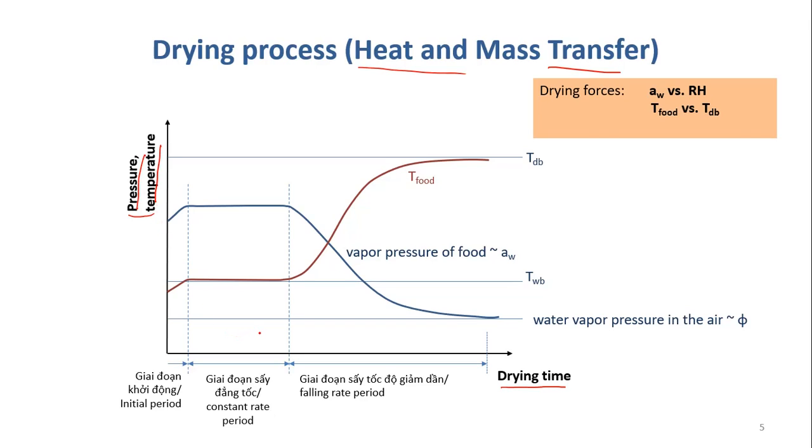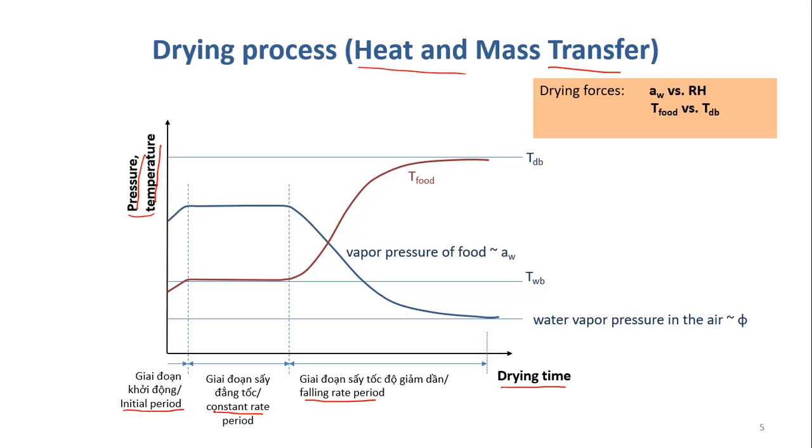In the previous slide we already mentioned that drying normally occurs through two periods, two stages, constant rate and falling rate. Normally there's a short period called the initial period before the two, but it is very short, so we can ignore it when explaining this drying process.